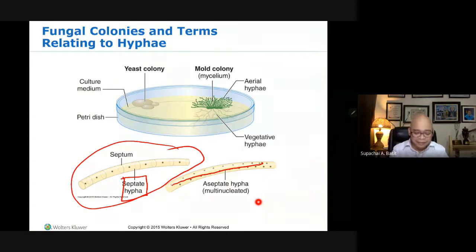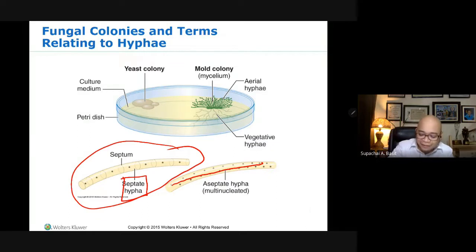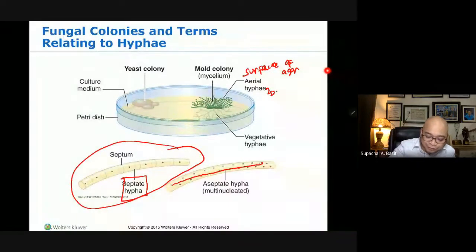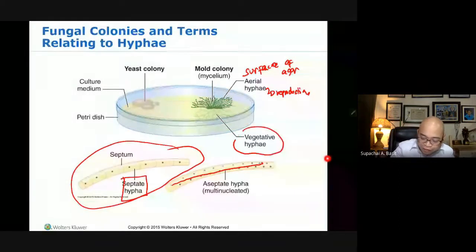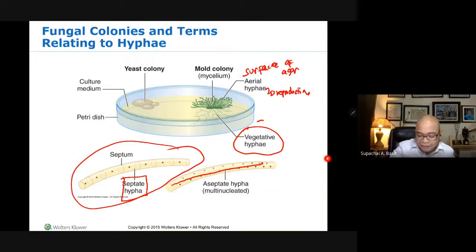Okay? And if this is the culture medium, and if the hyphae is found at the surface, we call it the aerial hyphae at the surface of agar, and surface aerial hyphae is important for reproduction, while those that are submerged in the agar are called vegetative hyphae, and its main function is for absorption of nutrients.